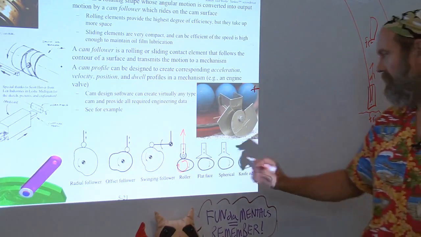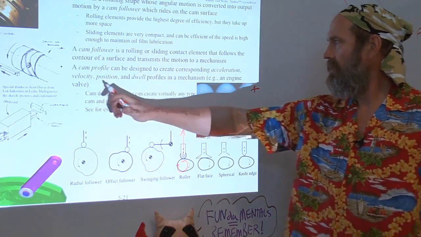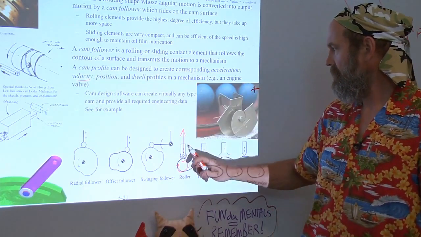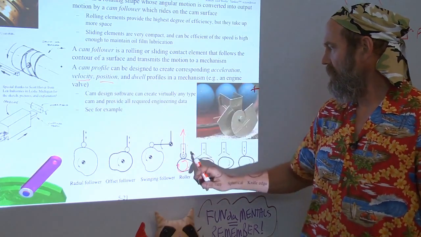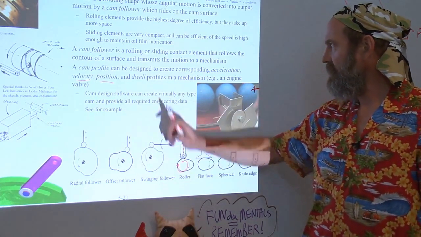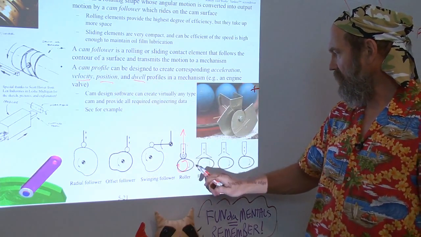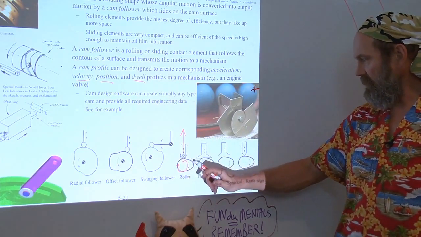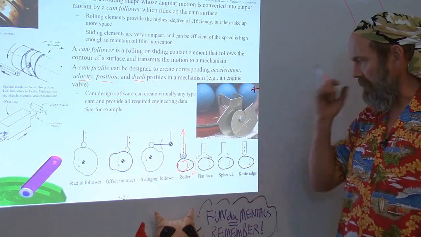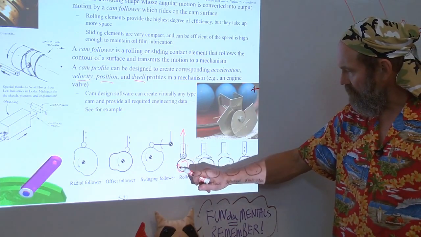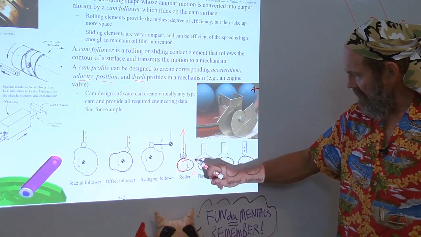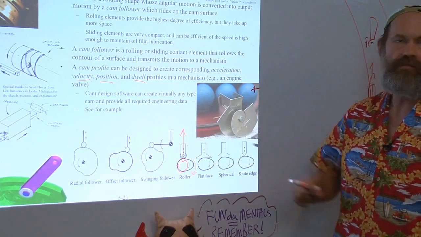You can control the velocity, the position, and you can even build in flat spots to make dwell, which is where, for example, here, as the camshaft is rotating, and the cam looks like a circle locally, it's rotating, but there is no motion of the follower.